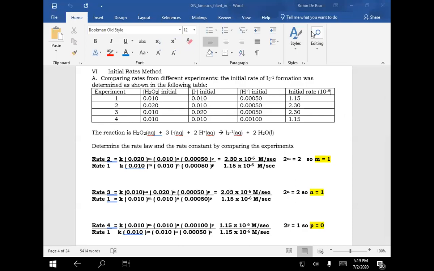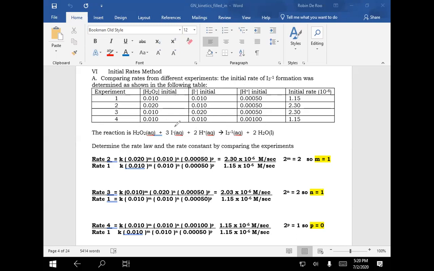And what you're going to see is that the experiments will be in order of just when they were done, but you're going to be given data, in this case, the initial concentration of hydrogen peroxide in molarity, the initial concentration of iodide in molarity, and the initial concentration of hydrogen ion in molarity, and the initial rate of that particular experiment. So this is the reaction.